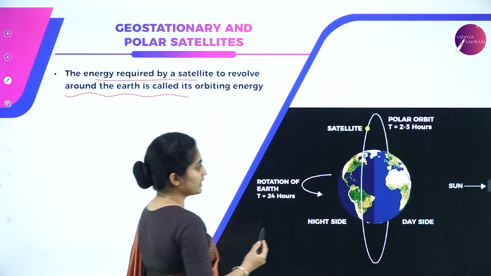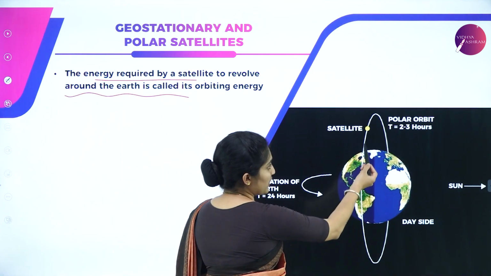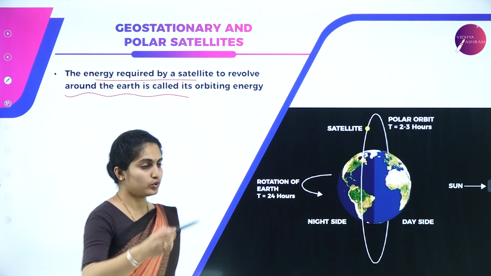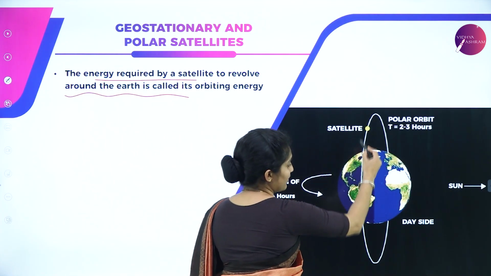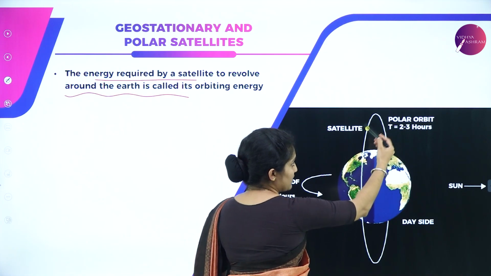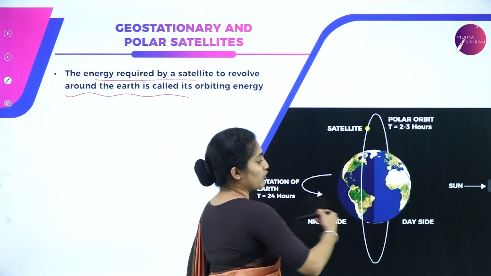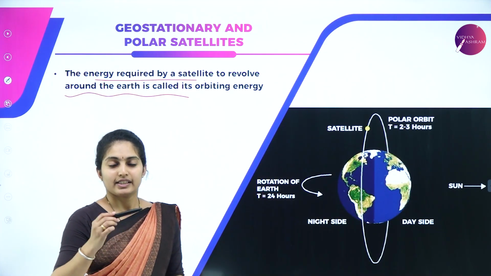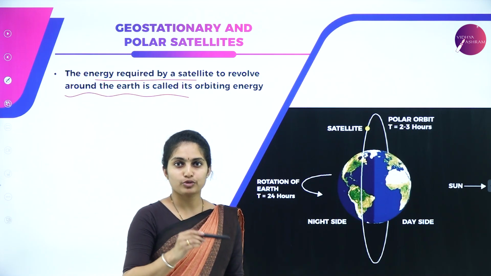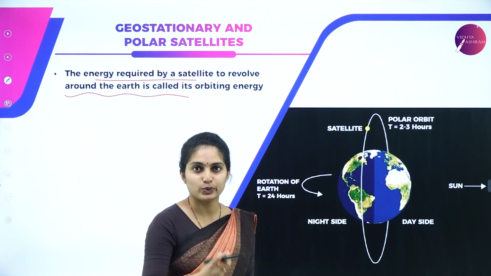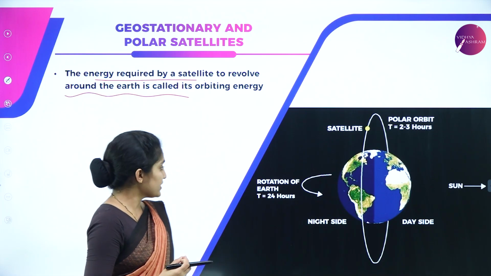As you can see, polar satellites are the ones which revolve over the poles. You can see a thin white line over here, which is the polar satellite's polar orbit. Okay, pole to pole it is. It revolves from pole to pole, North Pole to South Pole. That is the actual use of polar satellites.